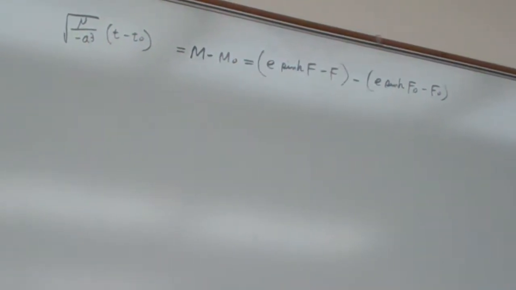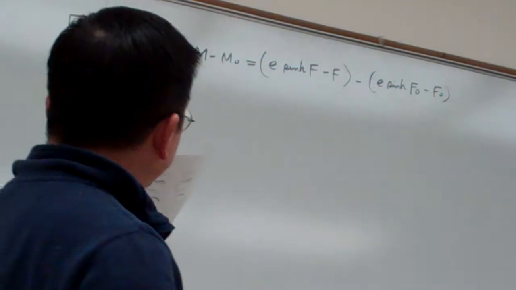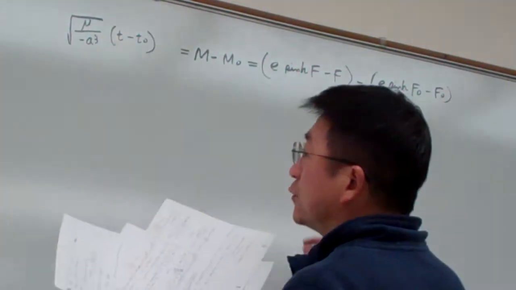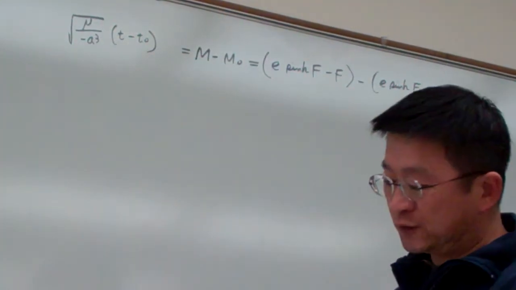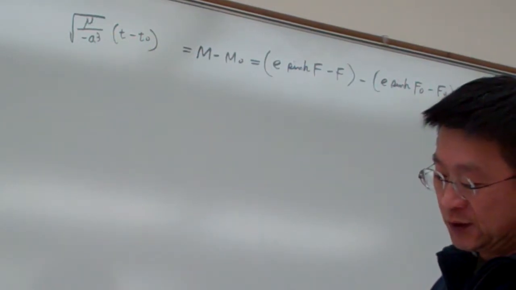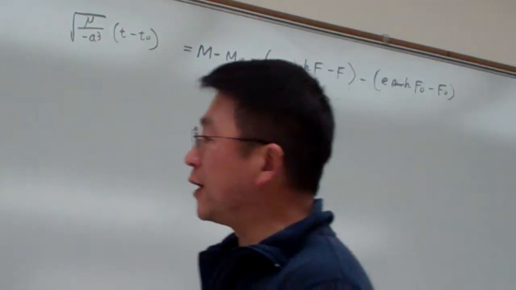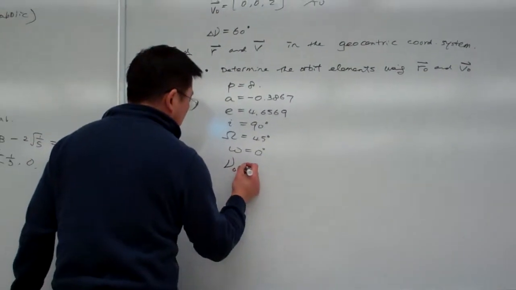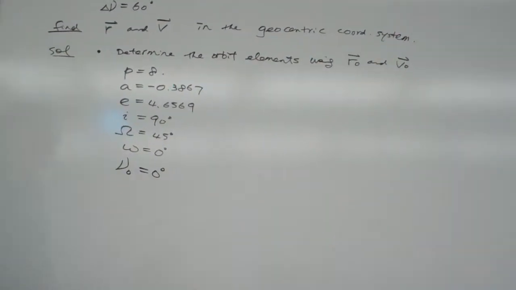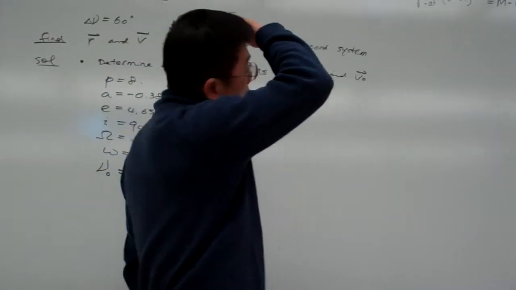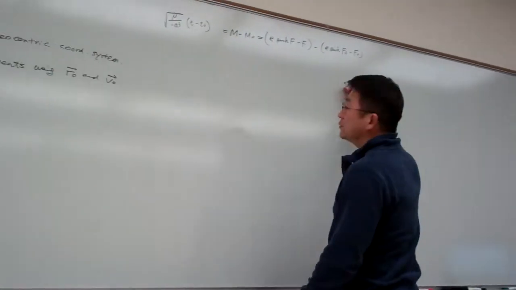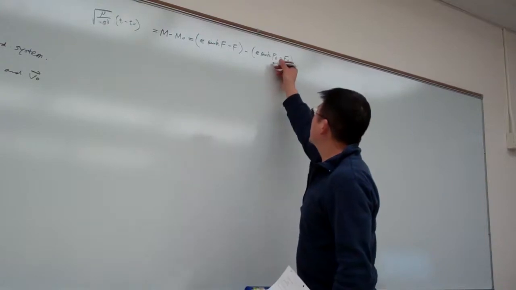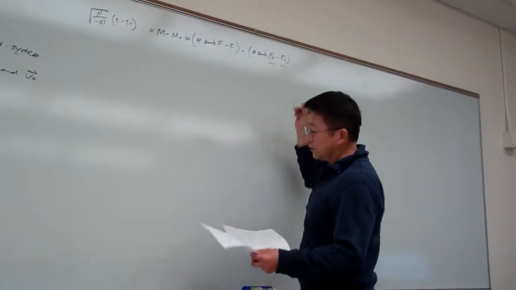So now we can see, first, we know the initial conditions. We can determine the nu0. So from here, we determine nu0 equal to 0 degrees. So that makes things easier. So now we know the initial, so we can determine the F0 here.